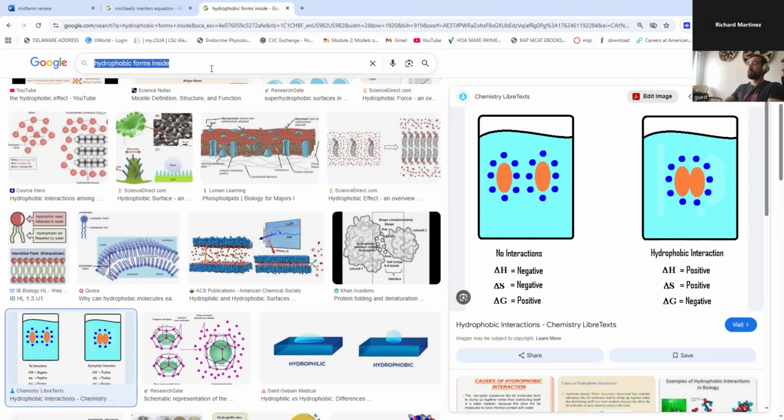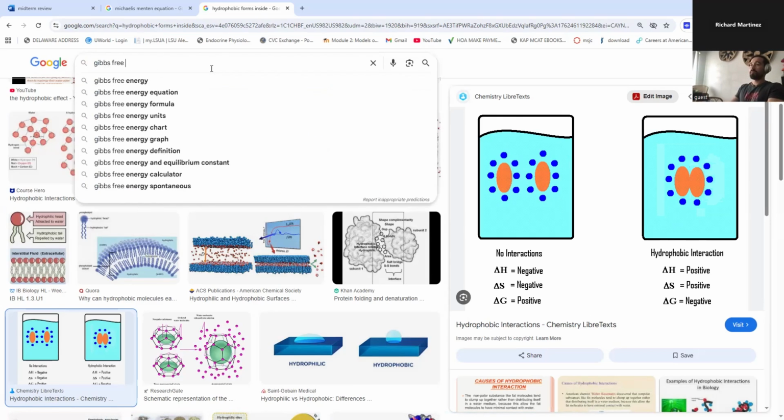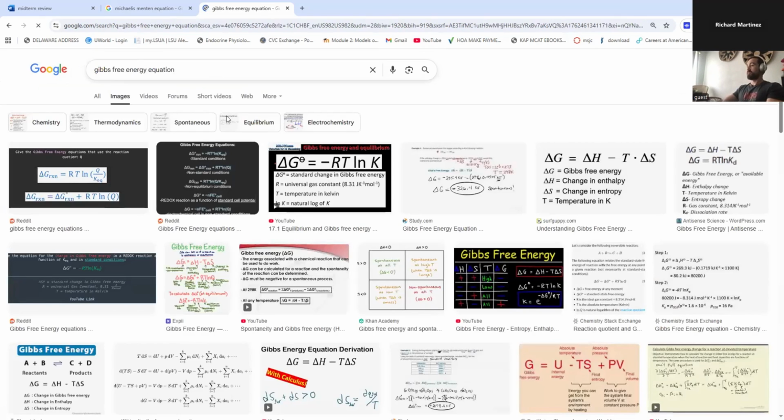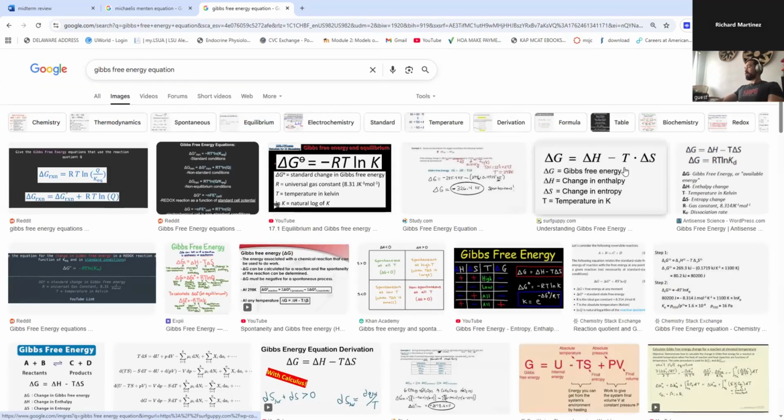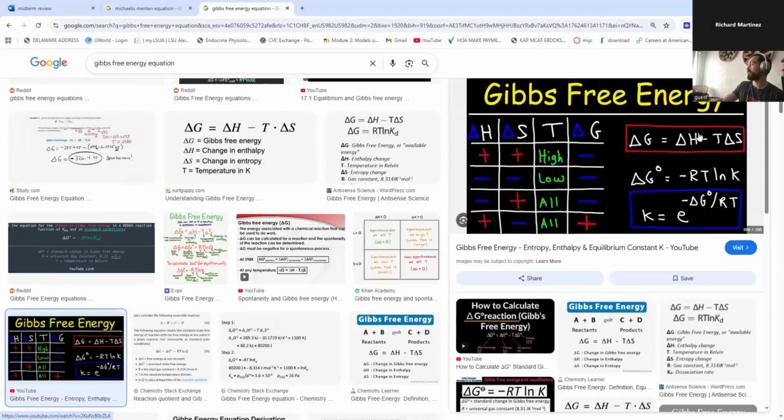And if we're not sure on the Gibbs free energy, here we go. If this is a positive number and this is a positive number, it's going to depend on what the temperature is. Actually, they have a better picture here.